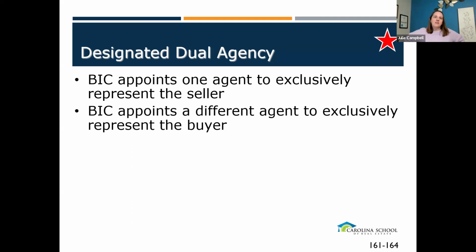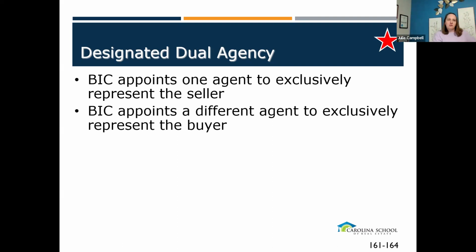Part of what the policy says is how the BIC is going to designate. The BIC should be going to the listing agent and saying, do you know anything confidential about my buyer client that could harm them in this transaction? And then they're going to the selling agent. They're saying, do you know anything confidential about my seller client that can harm them in this transaction?